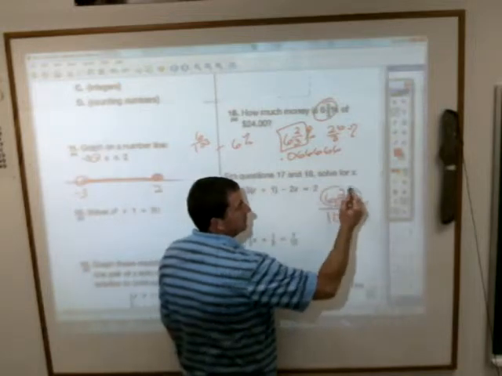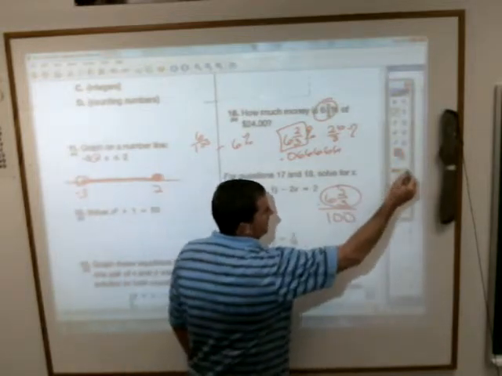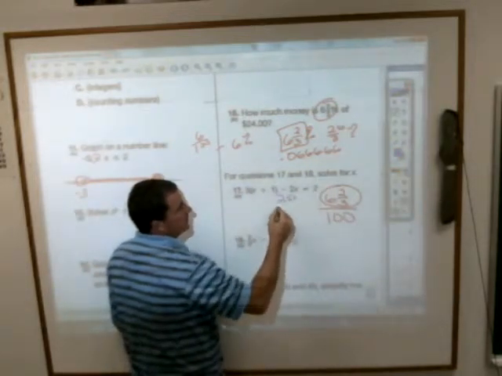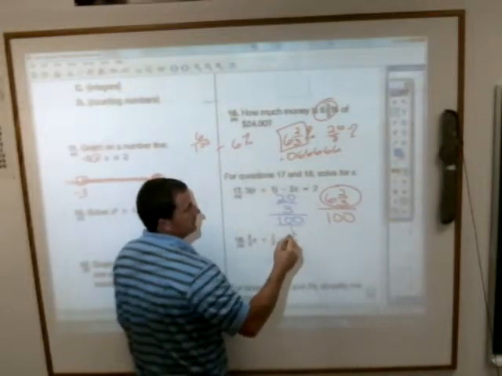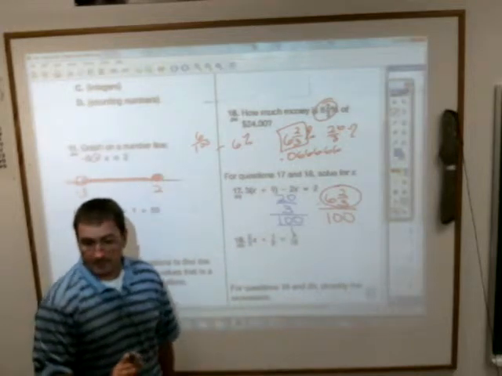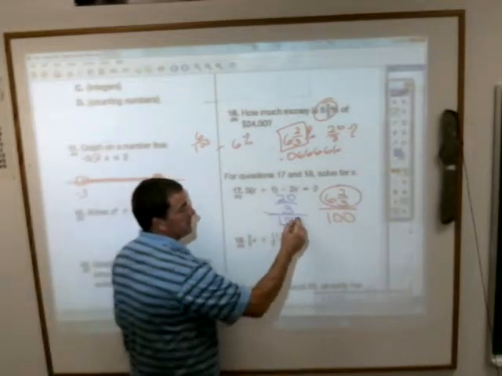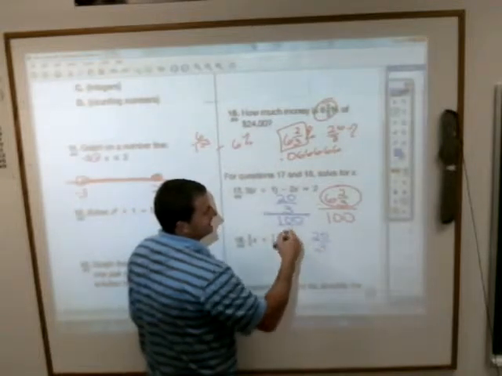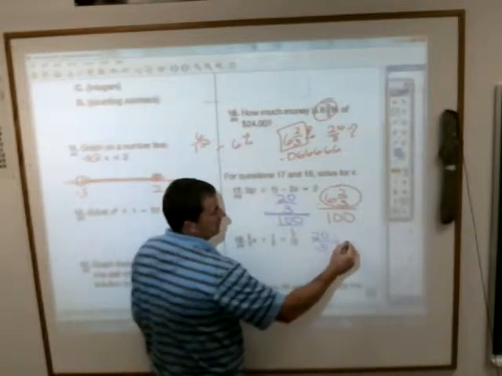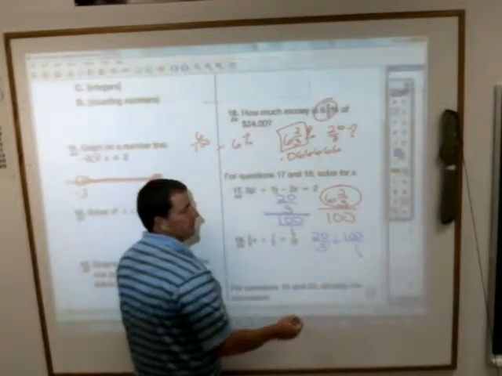Change this to improper. What is 6 2/3 as improper? We did it up there. It's 20/3 over 100 over 1. Again, looks goofy, but can still be done because a fraction bar is nothing but division. 20/3 divided by 100 over 1. And how do you divide by a fraction?